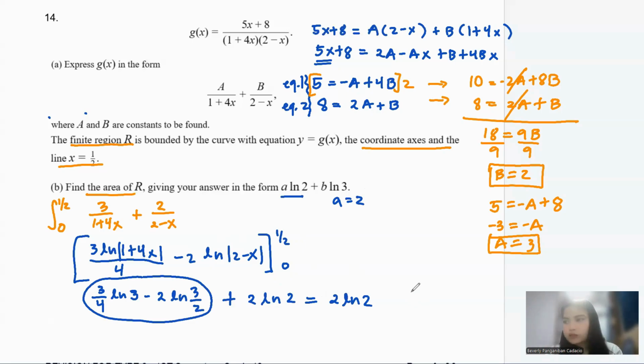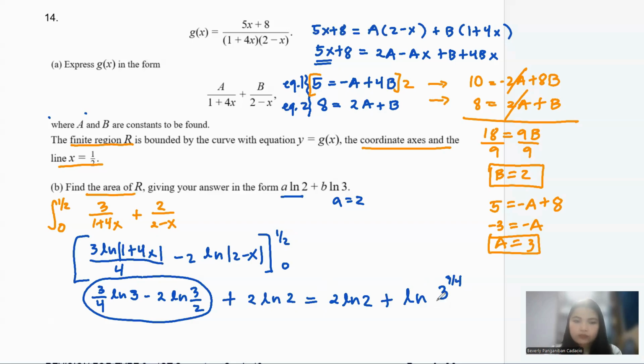You can just combine them. Like you can have 3 raised to 3/4, or wait, what's the easiest here? I think you can just go with plus ln 3 raised to 3/4.